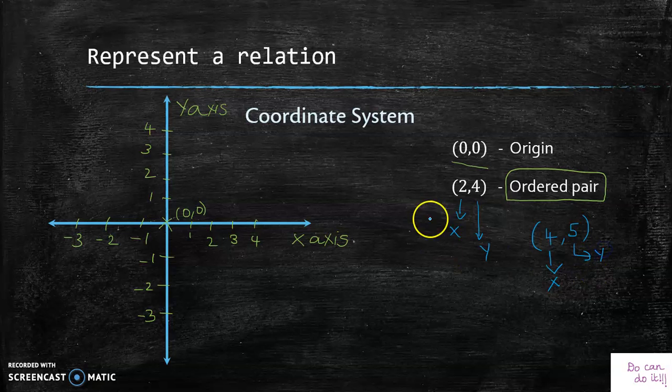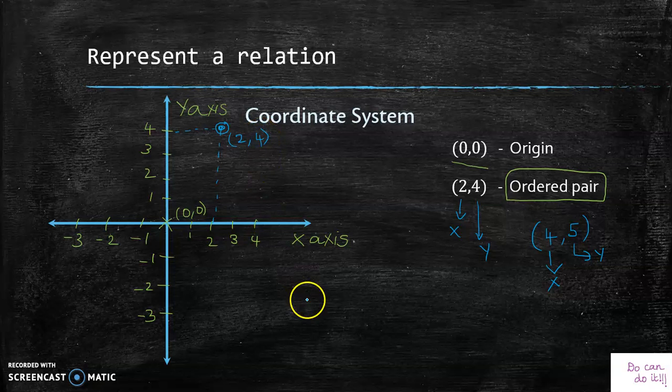So now let's plot 2, 4. So here you have 2, right? So 2, 4. This is 2 and your 4 is here. So this is your point 2, 4. This is the way of representing the ordered pair in a graph.